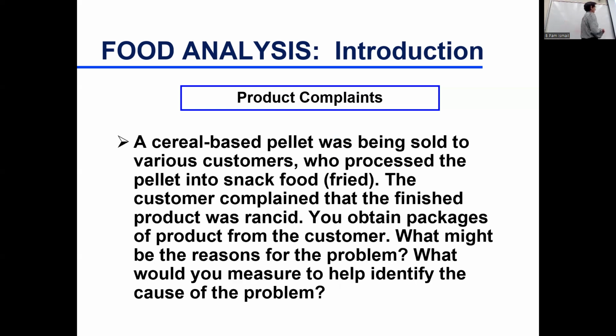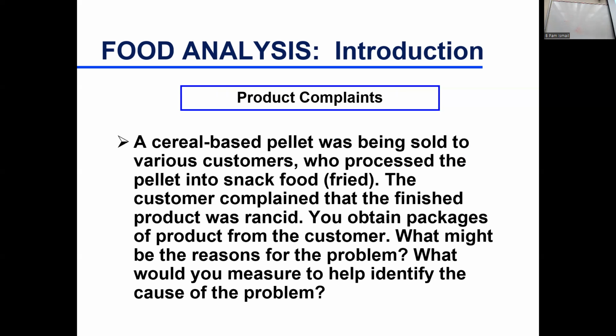Product complaints. Okay, this happens very often, especially when it's business to business. So you have the ingredient company and then you have the CPG company, and the CPG company complains to the ingredient company. In this particular example, there is a cereal-based pallet that is being sold to a CPG company that takes this pallet and converts it into a snack food, specifically fried.